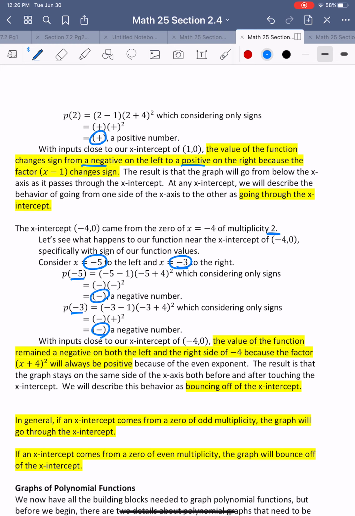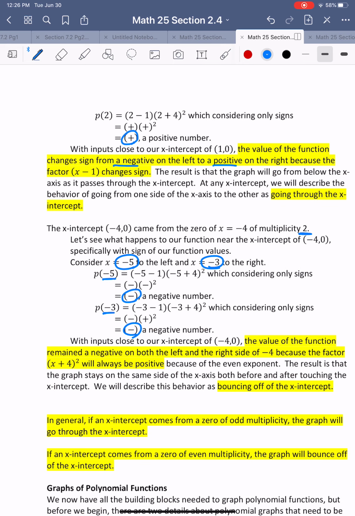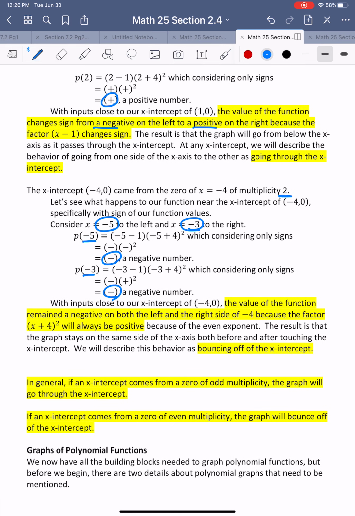So with the input close to the x-intercept negative 4, 0, the value of the function remained negative on both the left and right of negative 4, because the factor x plus 4 squared will always be positive because of the even exponent. The result is that the graph stays on the same side of the axis both before and after touching the x-intercept. We describe this behavior as bouncing off of the x-intercept.